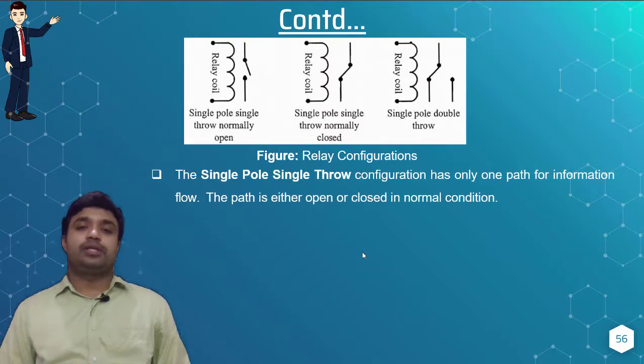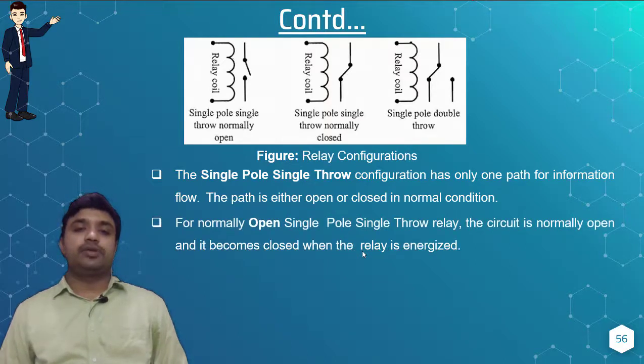So the single pole, single throw configuration has only one path for information flow. The path is either open or closed in normal condition. Okay, so this is about the single pole, single throw. Next is normally open single pole, single throw. The circuit is normally open and it becomes closed when the relay is energized.